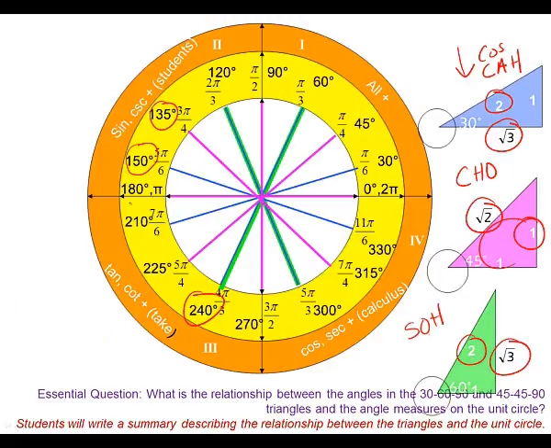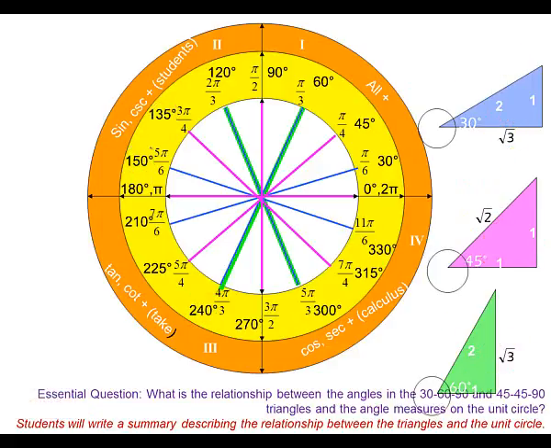It was 5 pi over 6. So we're looking at this one here. Let me erase my ink again. I'm looking right here. What color triangle am I going to go to? Blue, right? Blue is my reference triangle. Tangent is TOA. So what's my opposite in my blue triangle? 1. What's my adjacent in my blue triangle? Square root of 3. Good.